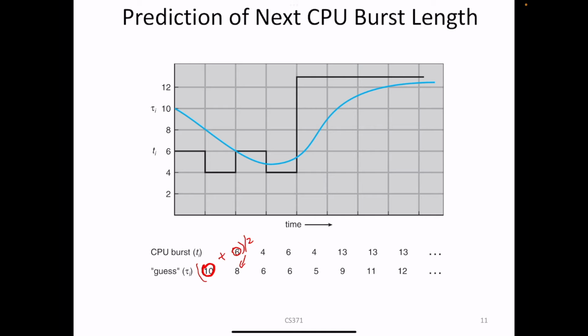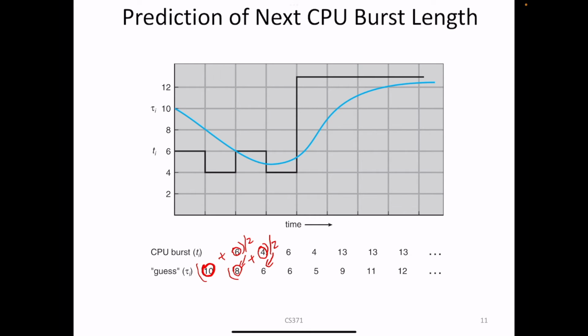Then after we know the next actual burst time is 4, we use 4 and 8 to predict the next CPU burst time, which is 6. That means we use 8 plus 4 divided by 2, and we calculate 6. We continually do the predictions, and then we get those predicted CPU burst times.